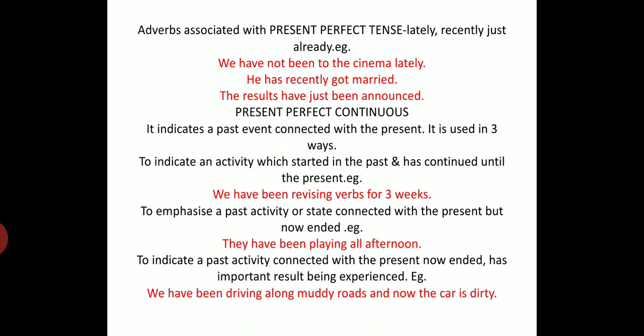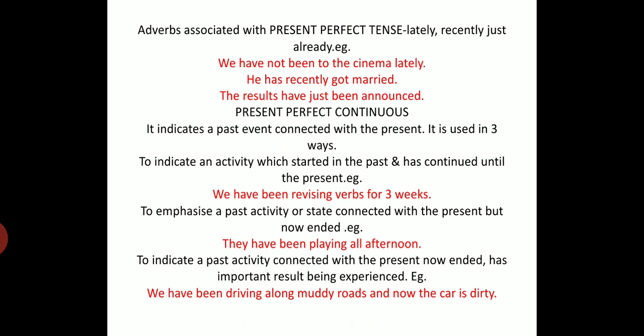And present perfect continuous indicates a past event connected with the present, and it can be used in three ways: to indicate an activity which started in the past and has continued until the present. For example, we have been revising verbs for 3 weeks.